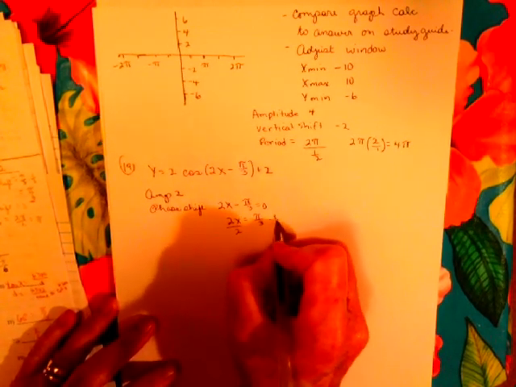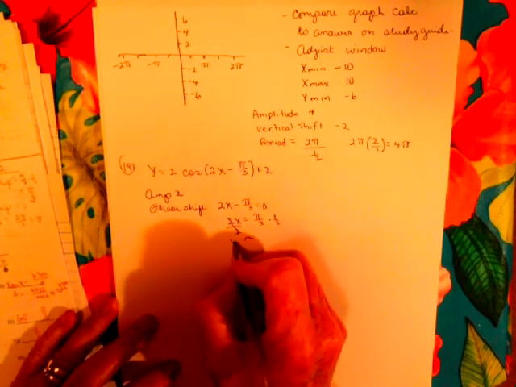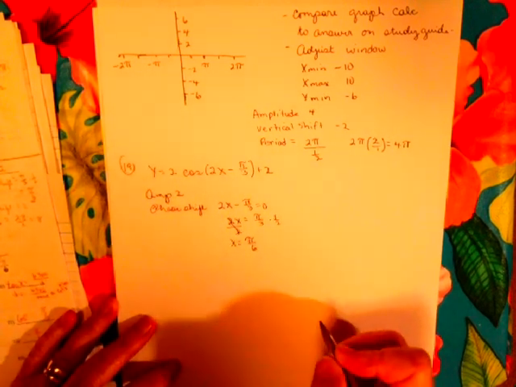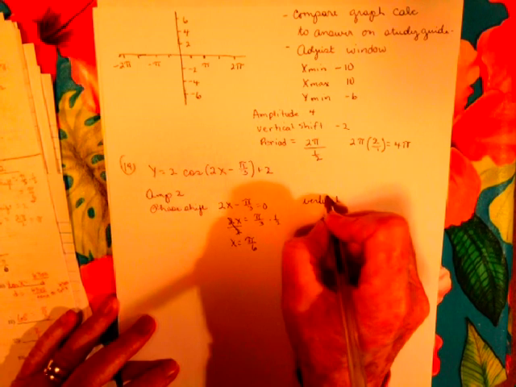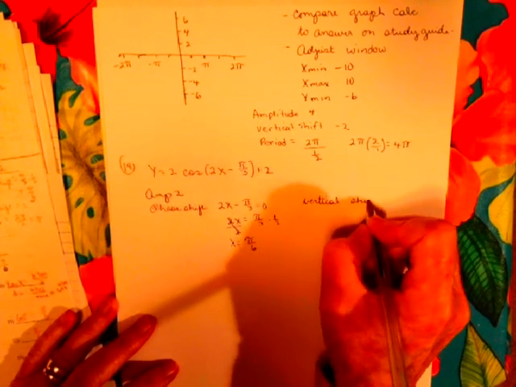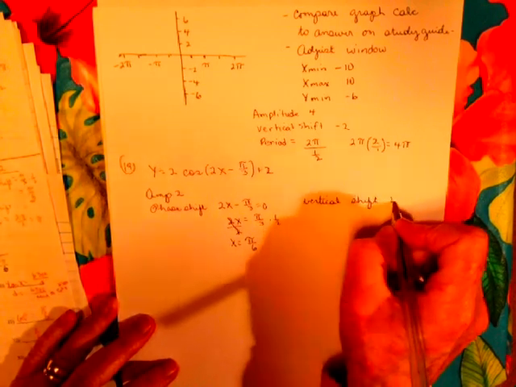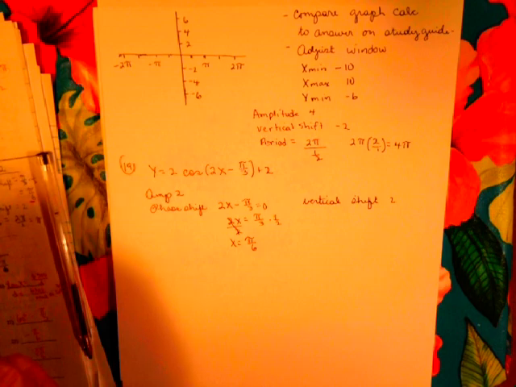That's the same as multiplying by 1/2. Phase shift, x equals pi over 6. It has vertical shift of 2. Now, maybe by that I can tell exactly which one is the correct multiple choice answer.